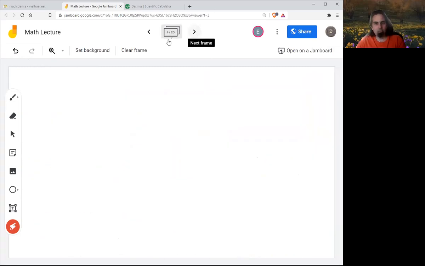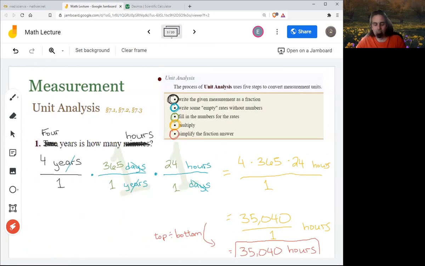Okay, another one. 365 over 1 is the same as 1? Well, 365 days is the same as 1 year. If I wasn't changing my units, then it wouldn't be equal to 1, because 365 as a number is certainly not the same as 1 as a number.